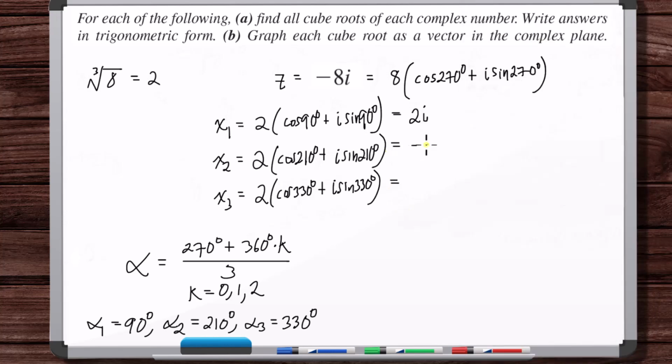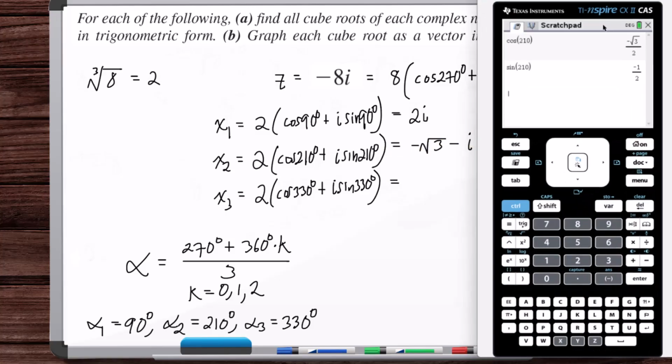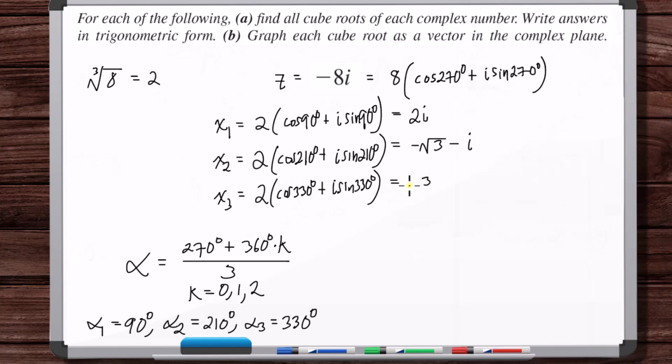Now cosine 330, sine of 330. Multiplying by 2, root 3 minus i. And there you go. So you cube any of these, you're going to get minus 8i.